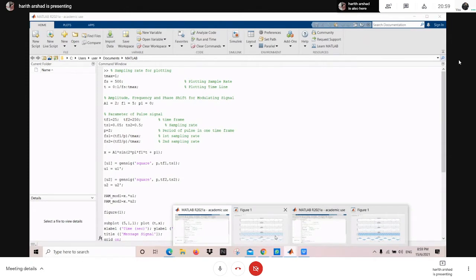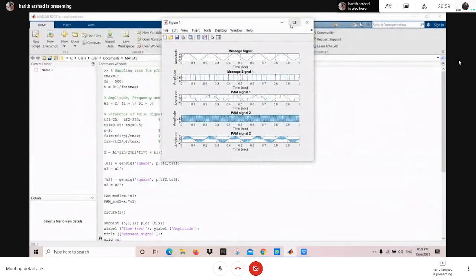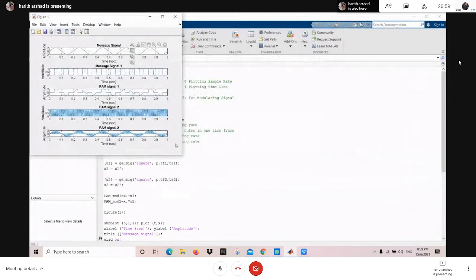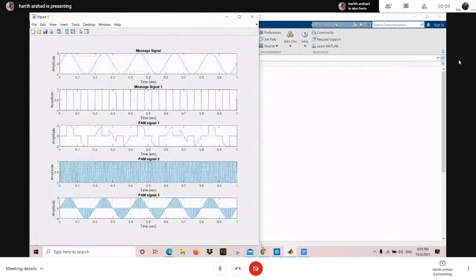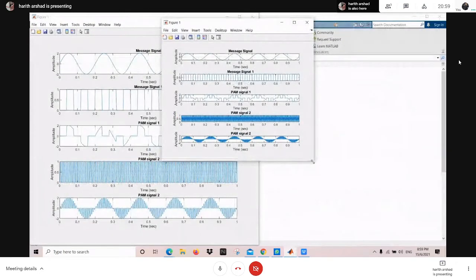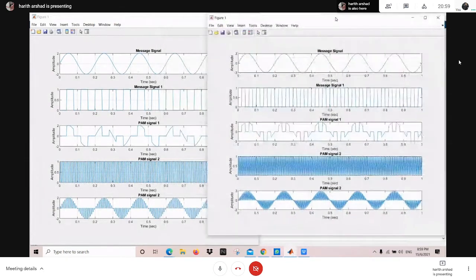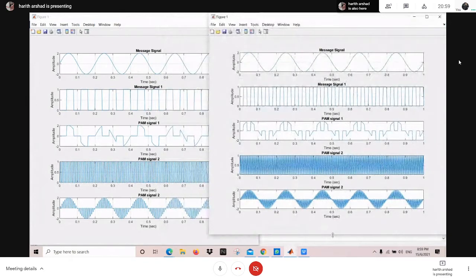After we get the result, we see the difference between the two sampling rates, the two graphs.